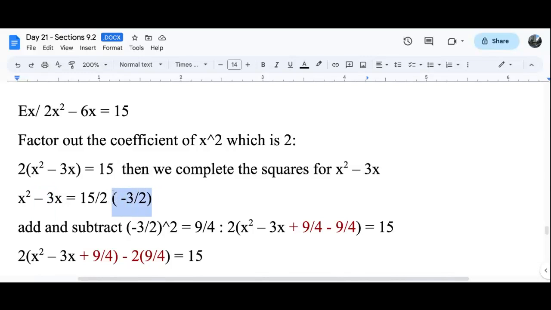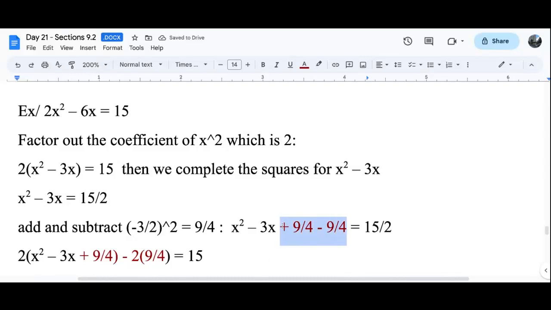When we square this number, what do we get? We get 9 over 4. Let's put the division by 2 on the other side, that'd be easier. Now does it make sense why we add 9 over 4 and subtract 9 over 4?